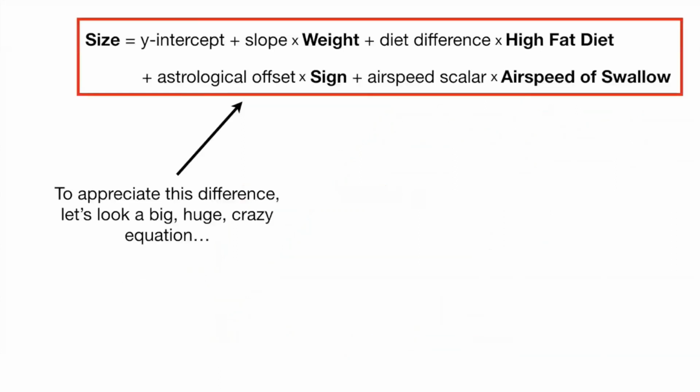Now, if we have a line segment like this, where you have y-intercept plus weight, high fat diet, and then all of a sudden there is some variable called the astrological offset, or the airspeed of the swallow, or the color of an umbrella, something like that. Whenever you have a data set, you might have columns which are required for your analysis.